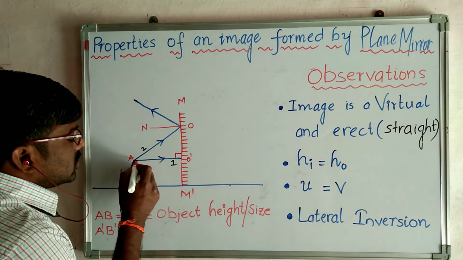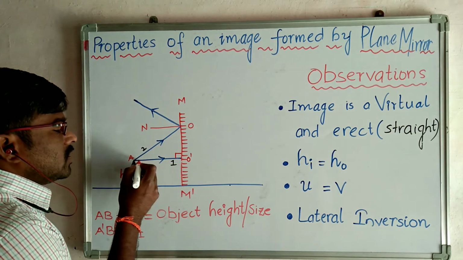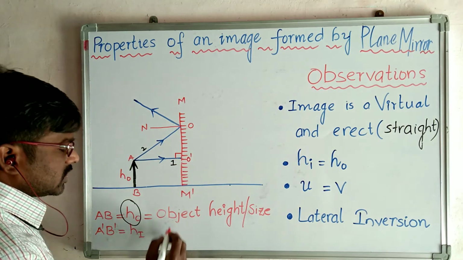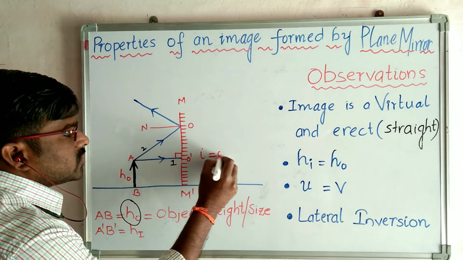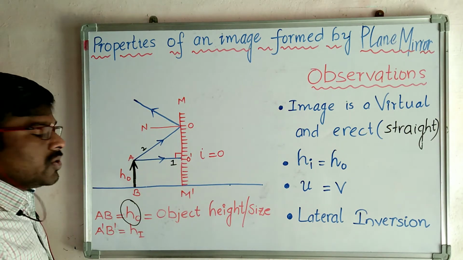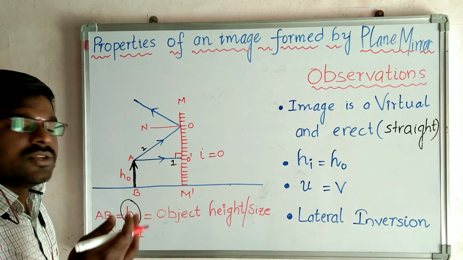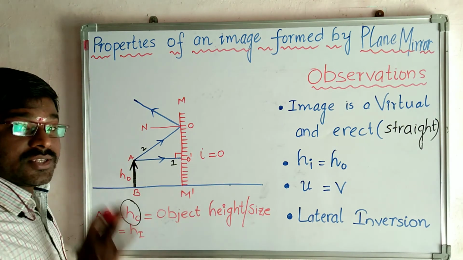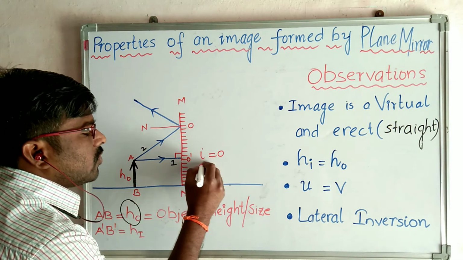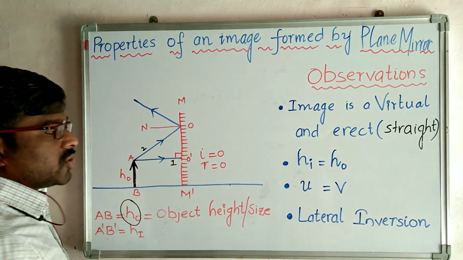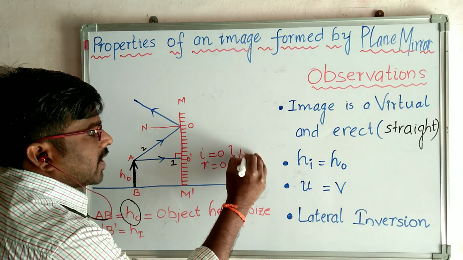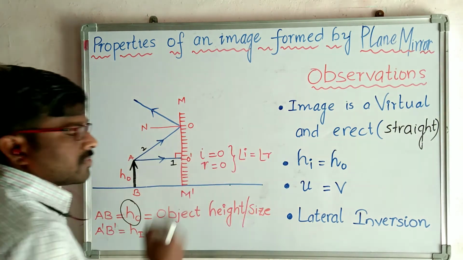Now if you observe, in this case the incident angle i is equal to 0, because the angle between the normal and the incident ray is 0 degrees. Similarly, when i is equal to 0, r must be 0, by the law angle i is equal to angle r.